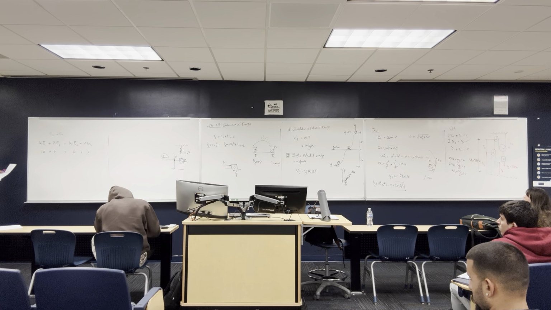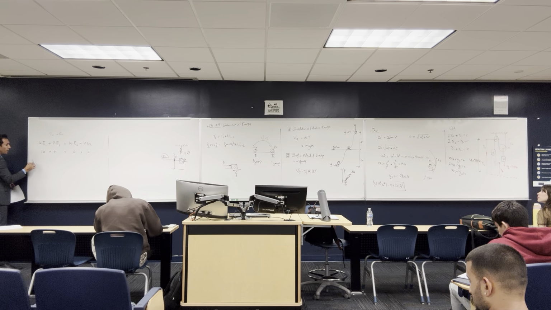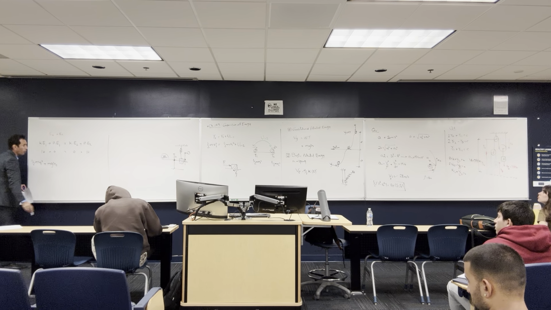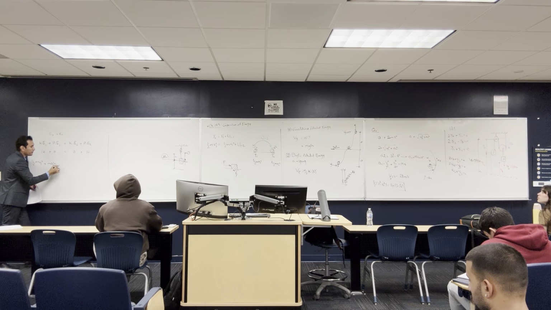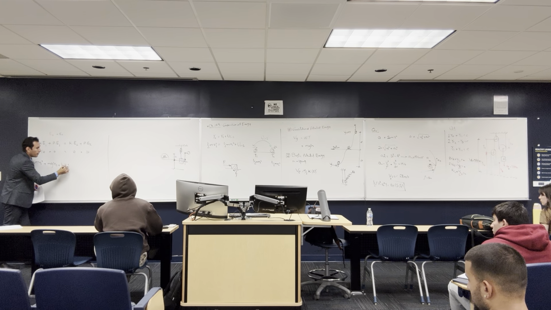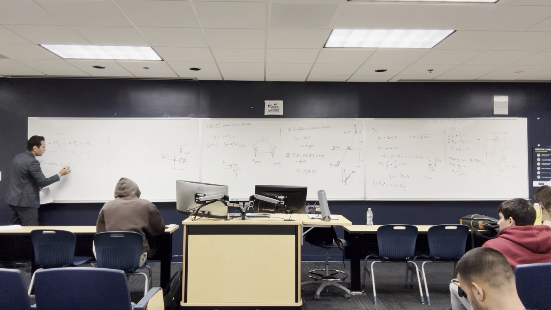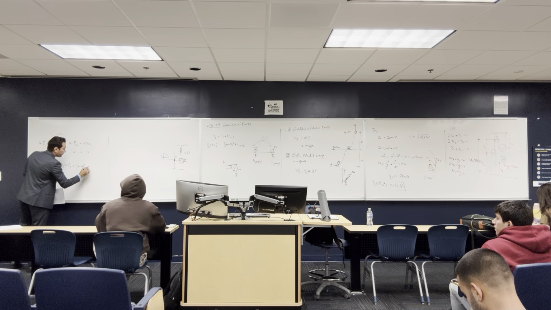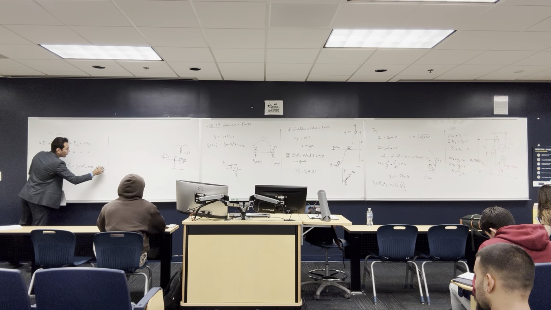Let's put the final rule for that. The final rule, we expanded this. I'm saying that half mv1 squared, that's the kinetic energy at position 1, plus mgh1, the potential energy that comes from the weight, plus half ks1 squared, the potential energy that comes from the spring, is going to be equal to half mv2 squared plus mgh2 plus half ks2 squared.